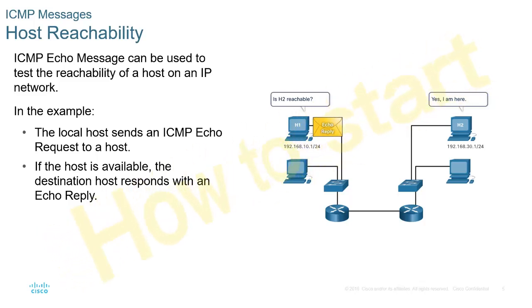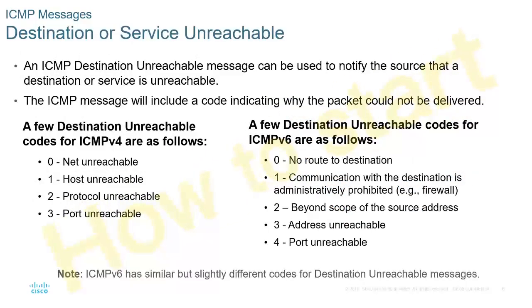There are different types of codes in an ICMP header. Some of those are 0, 1, 2, and 3: network unreachable, host unreachable, protocol unreachable, or port unreachable. Different forms of unreachability.